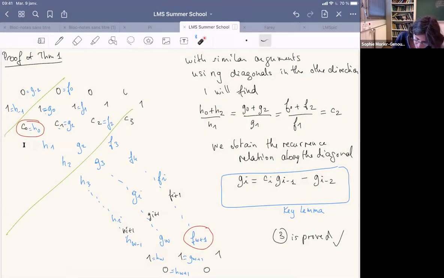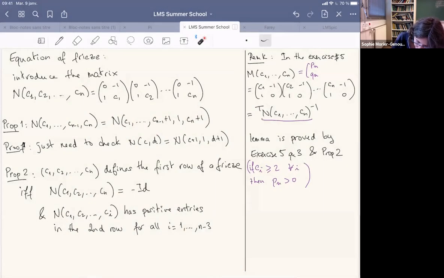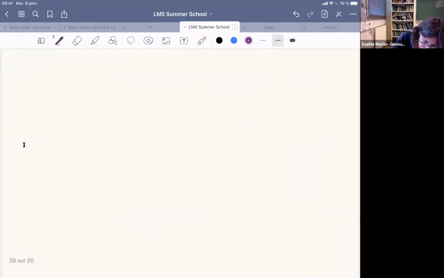In the notes, I can find that we already saw that if I have a frieze along a diagonal, there is a recurrence relation of this form. So I'm going to reuse this. That's why I also use this key lemma, because this ingredient is very important for the proof I am doing now. So let's go back here. So recall recurrence relations.